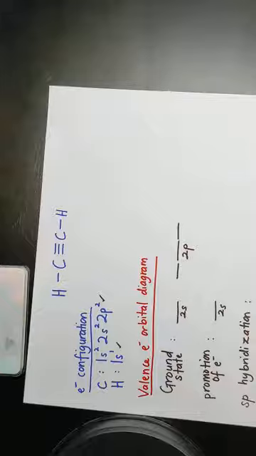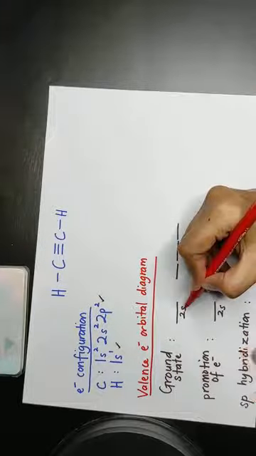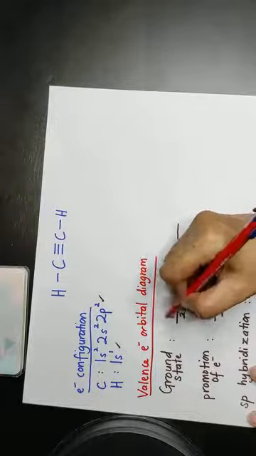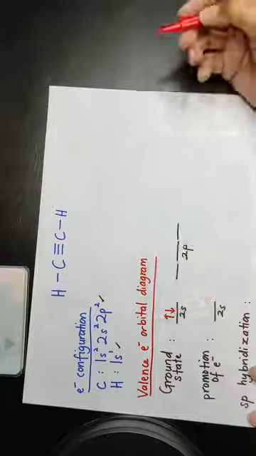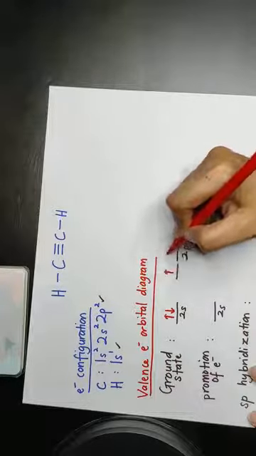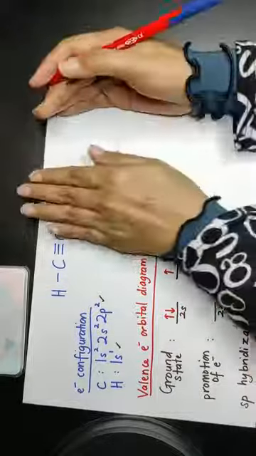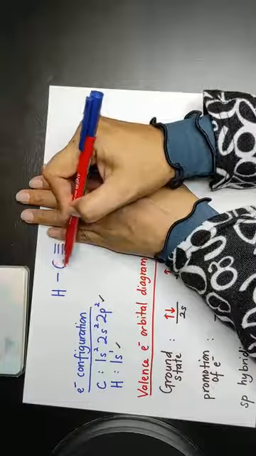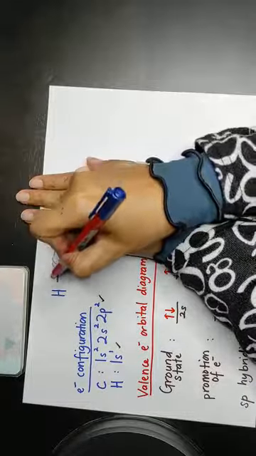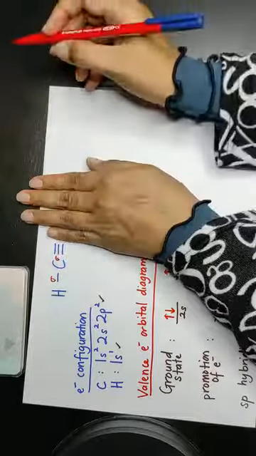Now let's start describing the formation of sigma bonds, the hybridization process undergone by both carbon atoms. In the ground state, the 2s orbital of carbon contains 2 electrons, and the 2p orbitals contain 2 electrons. From the Lewis structure, let's say I refer to this carbon atom, we have 1 and 2 sigma bonds.